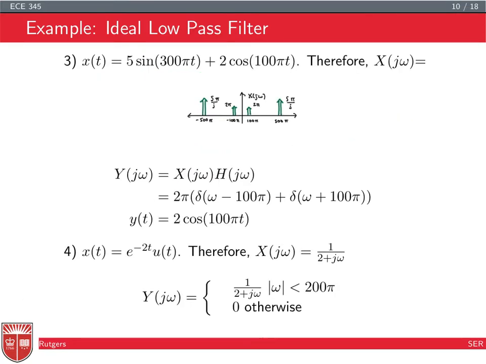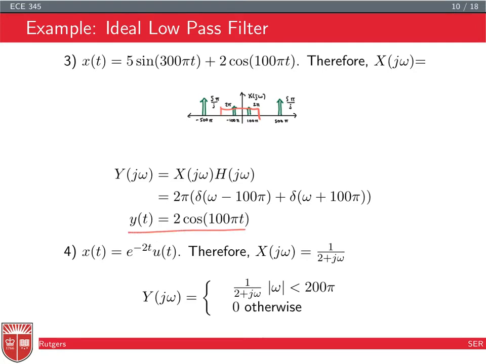Now you probably see what's going on. X of t is 5 sine 300 pi t plus 2 cosine 100 pi t. This signal has two frequencies in it, one at 100 pi and one at 300 pi. What the filter is going to do is keep the 100 pi and kill the 300 pi. Pictorially, the filter is here, and it's going to kill the 300 and keep the 100.